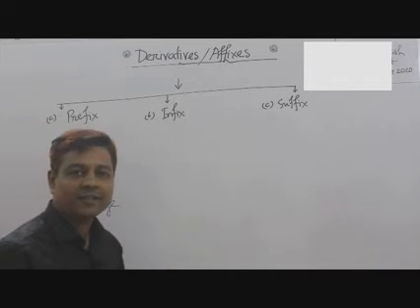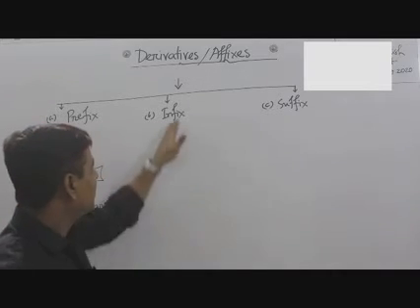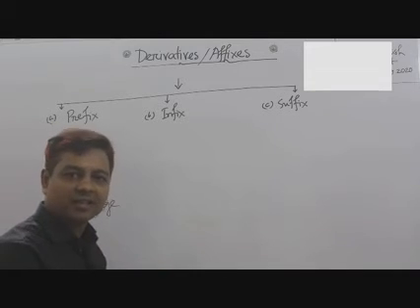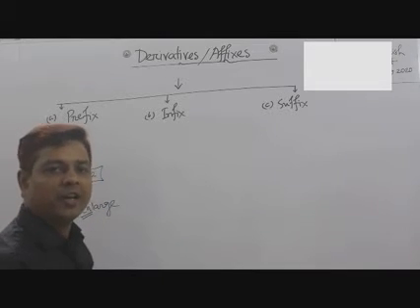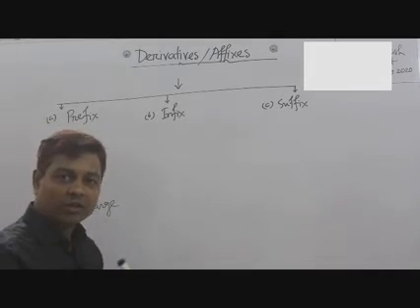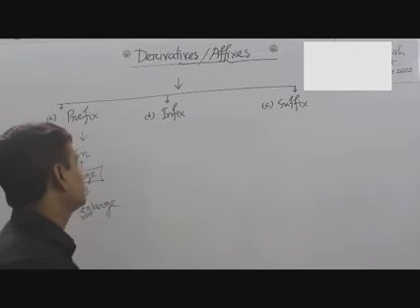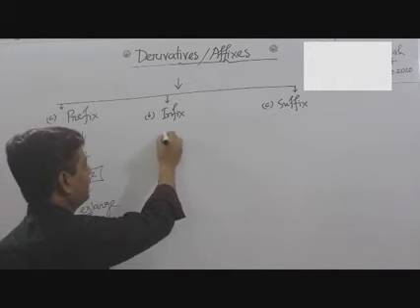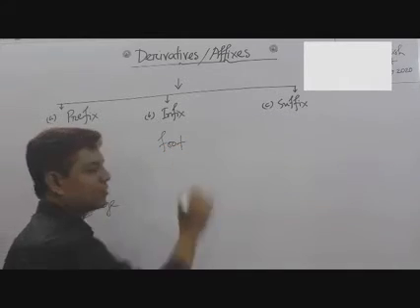And in case of infix, I have already told you that infixes alter the word in the middle part, neither earlier part nor the later part. Rather, they alter the word in the middle part. Let's see. Here we can say foot.